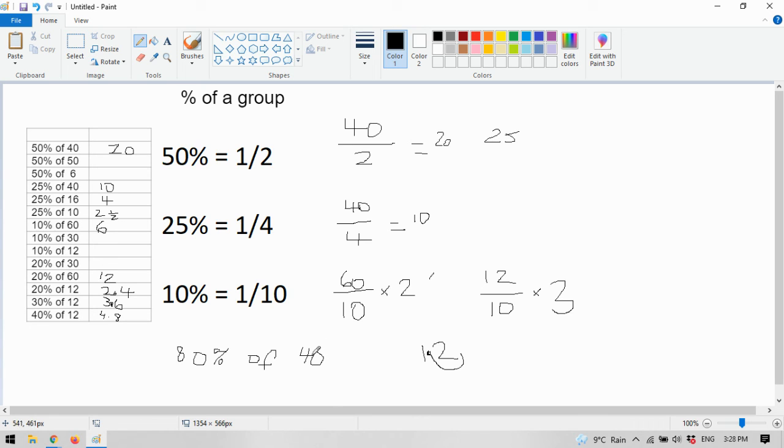So firstly, we go, well, what's 40 divided by 10? Equals 4. 40 divided by 10 is 4, which makes 10%, but we want 80%. So now we're going to times our answer by 8. So 40 divided by 10 was 4. Times that by 8. 4 times 8 gives us 32.